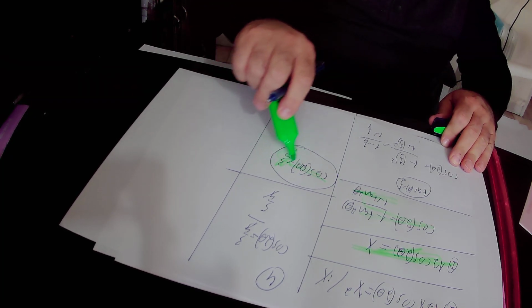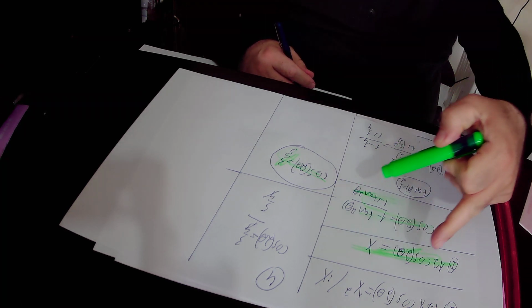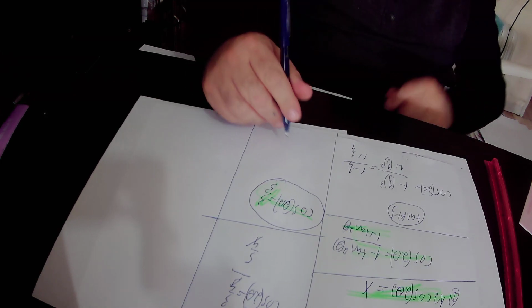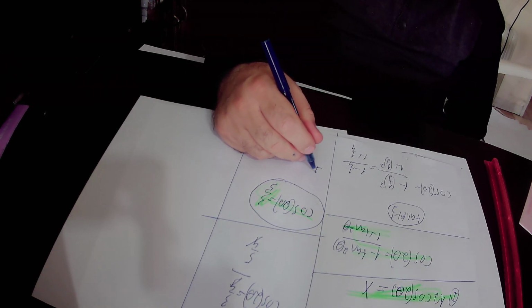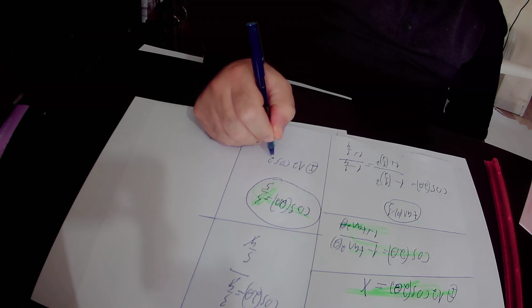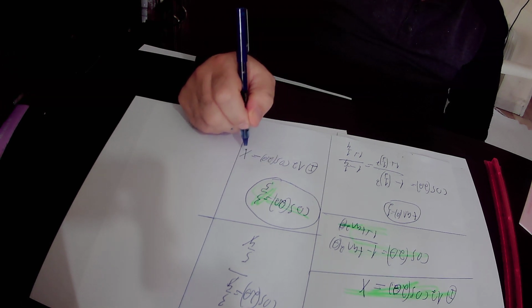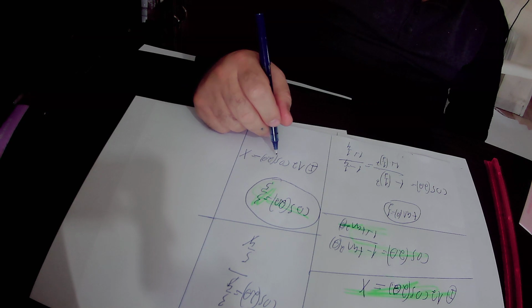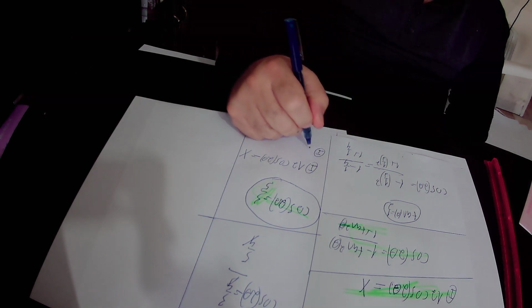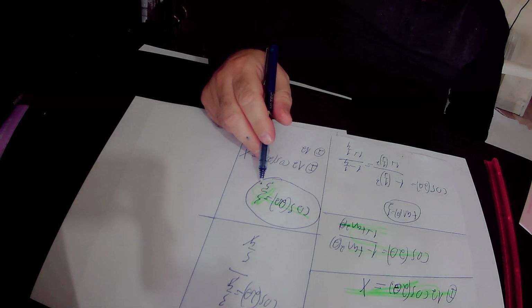Now we can substitute cosine 2 theta in equation number 1 here by 3/5. According to equation number 1, 12 times cosine 2 theta equals x.